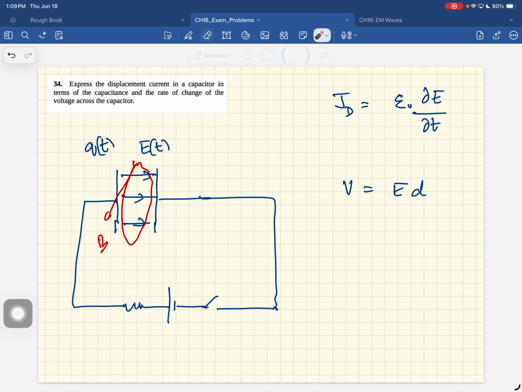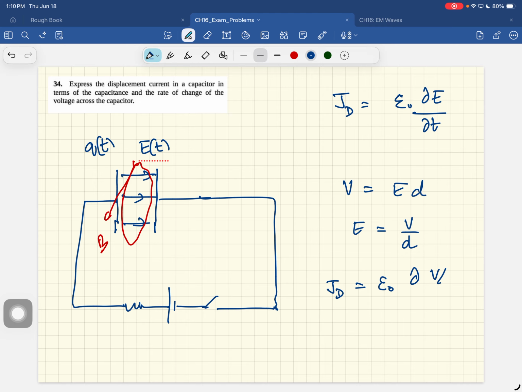So I'll draw the electric field. Okay, so if it's 0 there, it's 0 at half the period. So the electric field is 0 at t equal to 0, and then the next time it's 0 is at half the period.